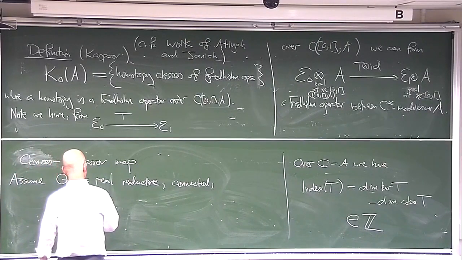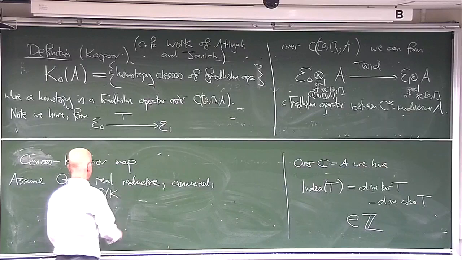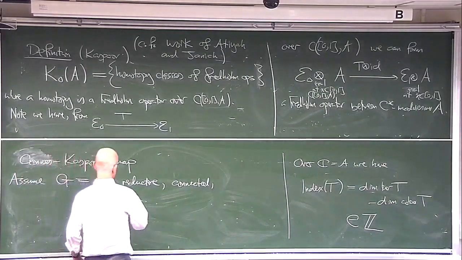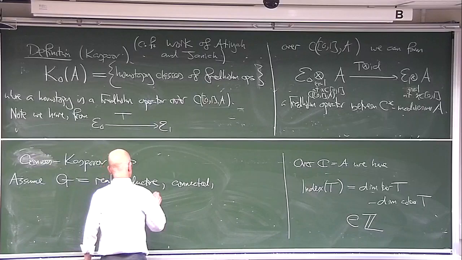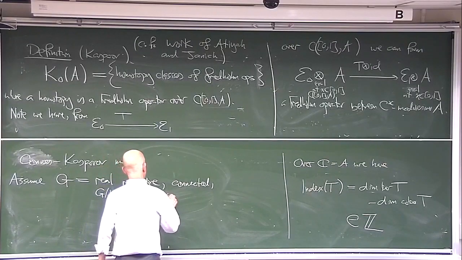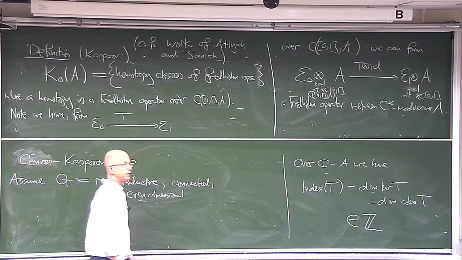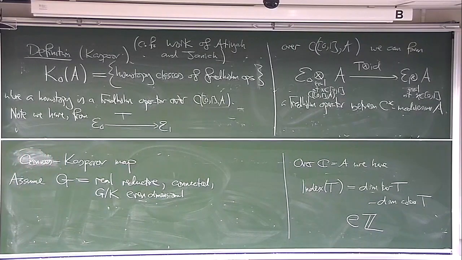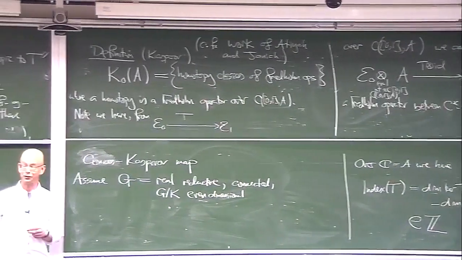The first is that when I take G and divide it by K, which is the orthogonal matrices inside of G, I form this homogeneous space, which is a manifold. Let me insist that this is even dimensional. If I take SL2R and divide it by the orthogonal matrices in SL2R, that's SO2. SL2R has 3 dimensions, and SO2 has 1 dimension, and 3 minus 1 is 2.